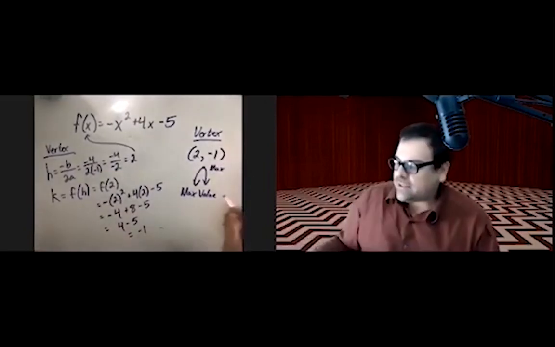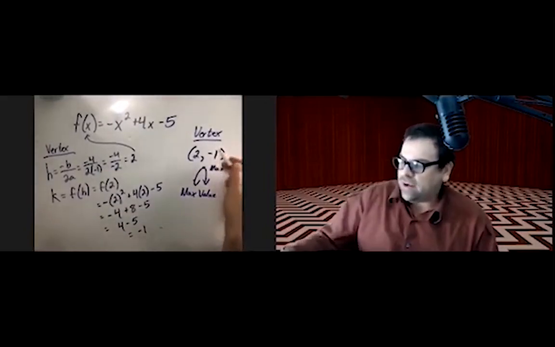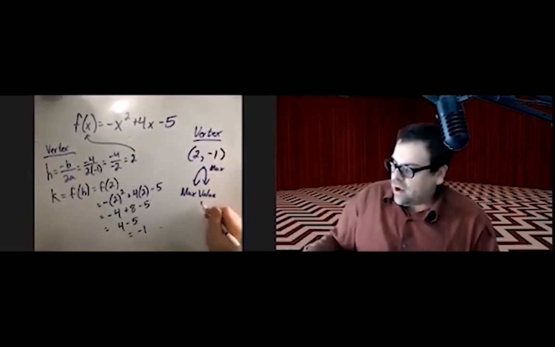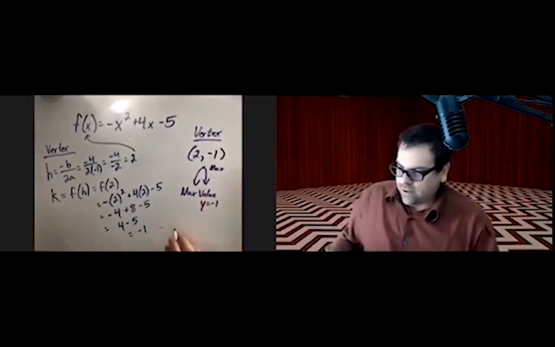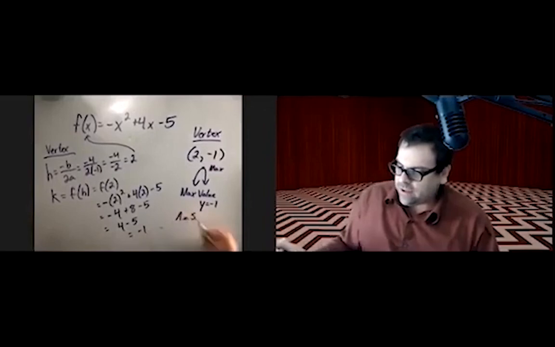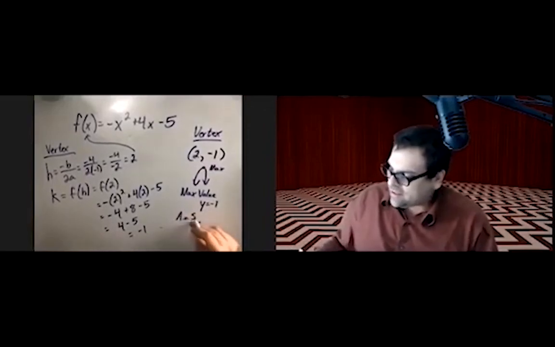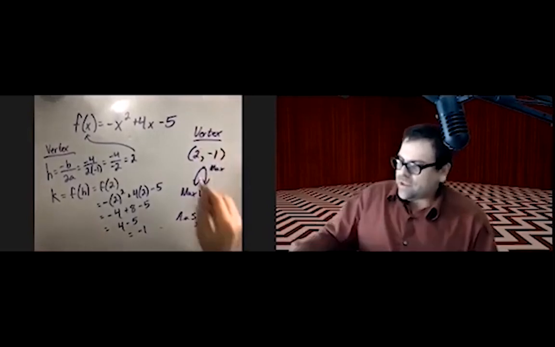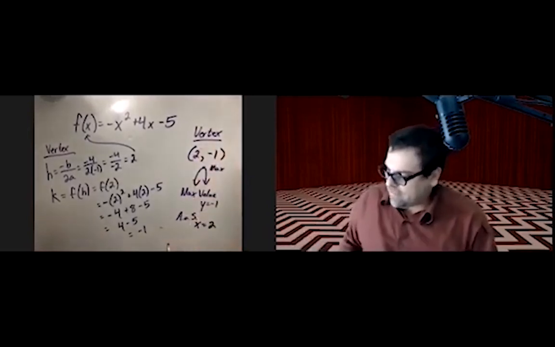Once we have the vertex, the max value is the y. So a max value of y equals -1. An axis of symmetry, that's x equals 2, because it goes through the x of the vertex.